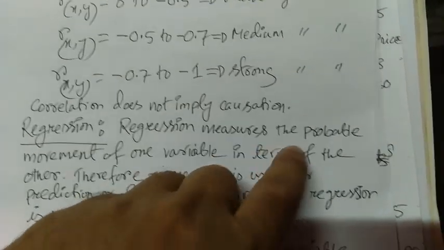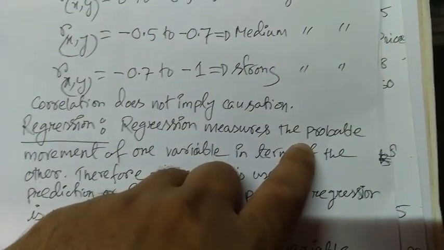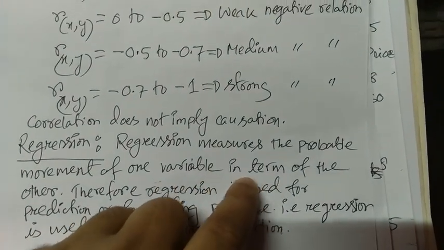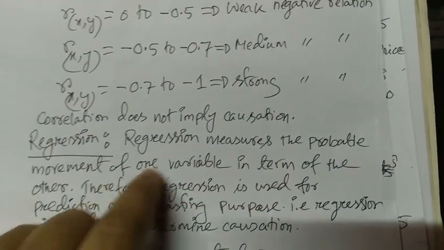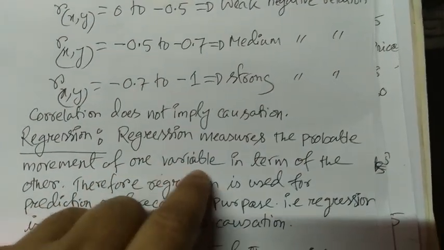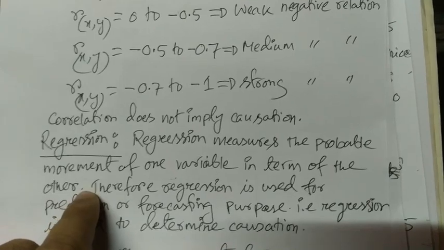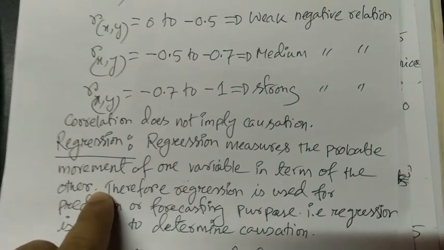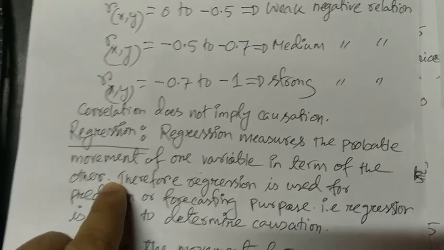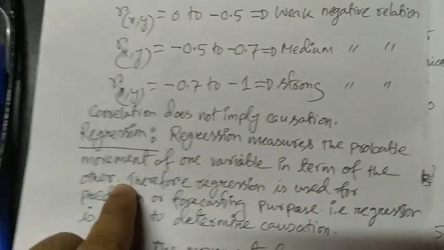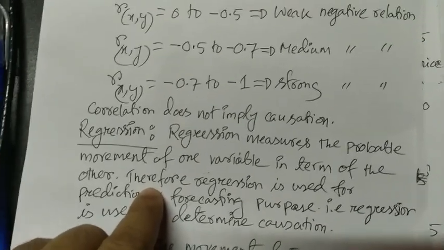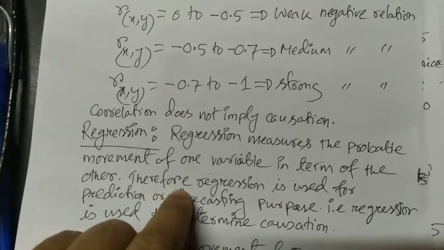Regression measures the probable movement of one variable in terms of the other. That means from regression we can understand how one variable will move with respect to the other; the effect of one variable on another variable we can understand from regression.